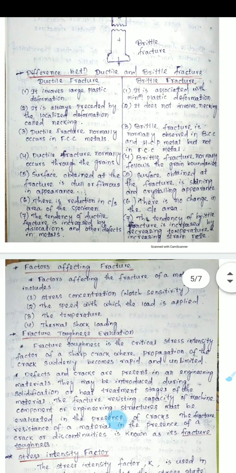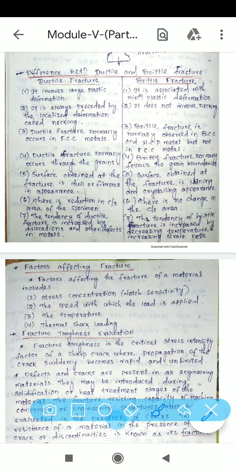Next one is, what is the difference between ductile fracture and brittle fracture? First point, in ductile fracture large plastic deformation occurs, but in brittle fracture there will be minimum or less plastic deformation.